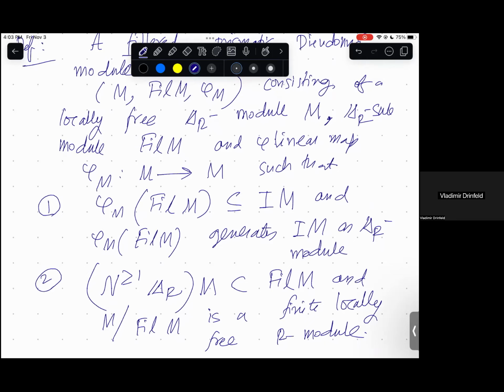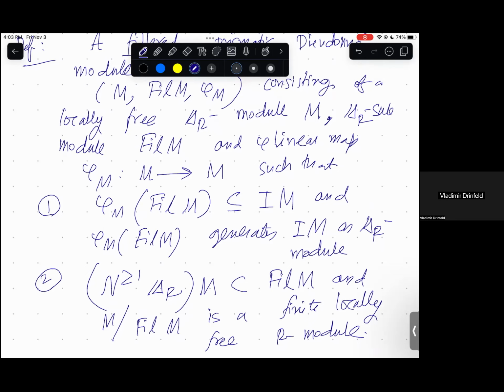Or if you wish, you can say that you have F with a certain property. The relation FV equals p can also be rewritten as follows: V inverse equals F divided by p.